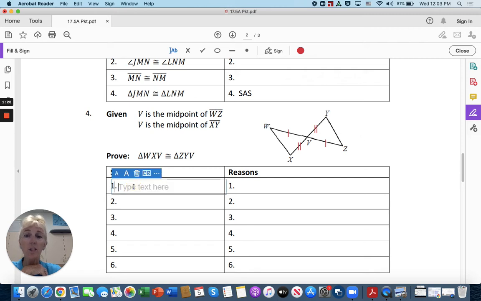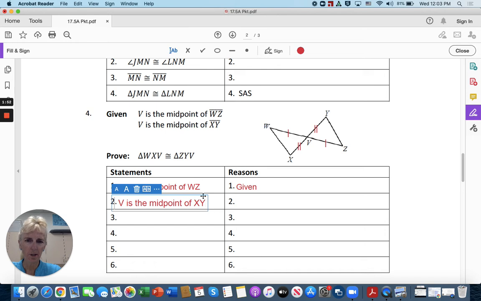Okay, so we start with our statements on what is given, and we put V is the midpoint of WZ. And again, 99% of all proofs start out with given. And what else is given? V is the midpoint of XY.